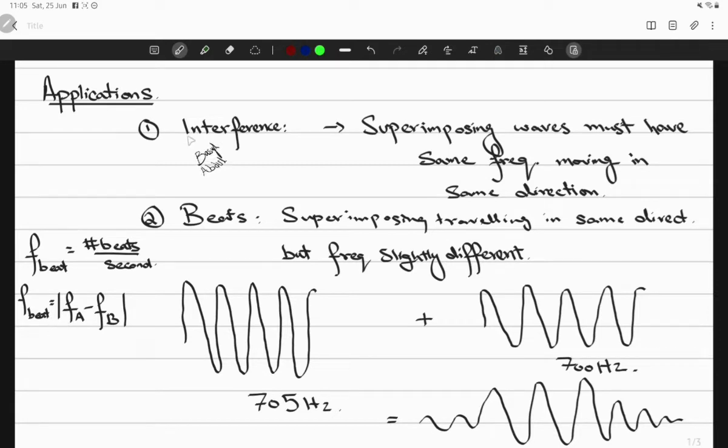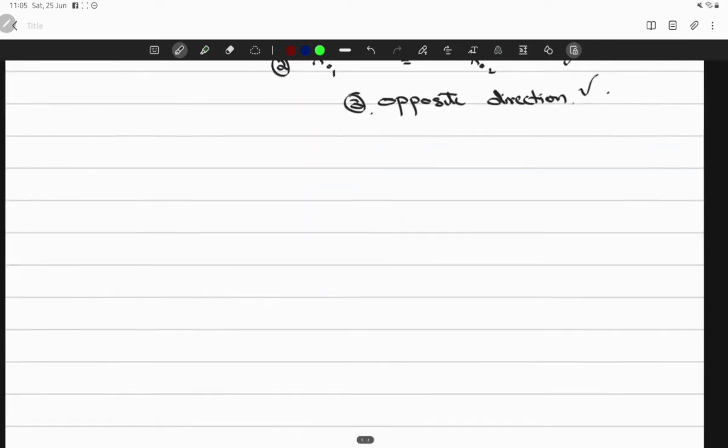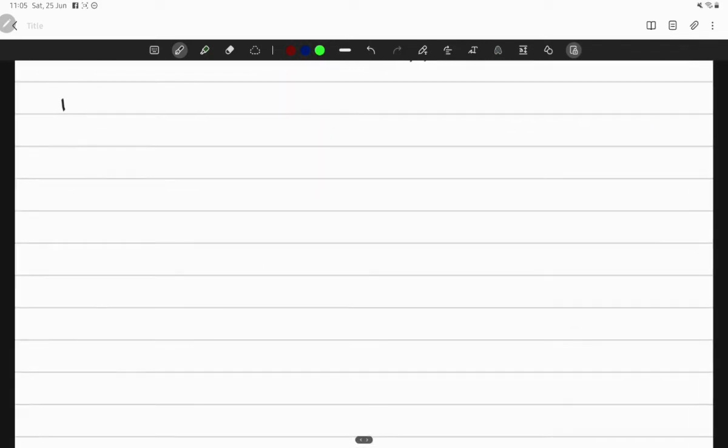Now we can also further talk about interference. So let's discuss interference in a bit more depth. Now remember, or just know that interference can exist in two forms. So first we have constructive interference.